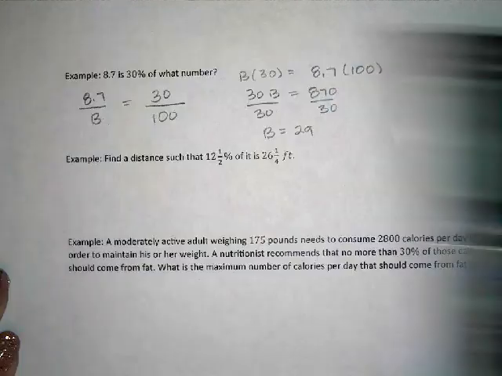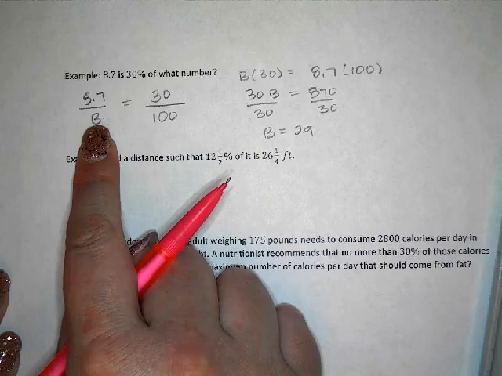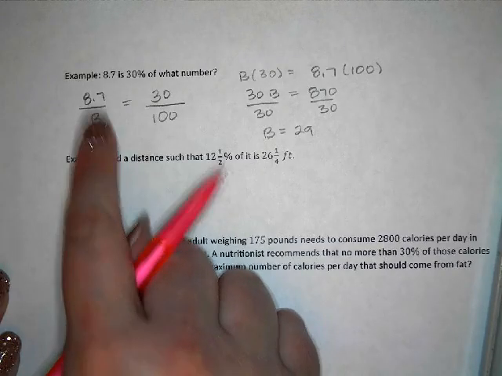So 8.7 out of 29 is 30%. 8.7 is 30% of 29.